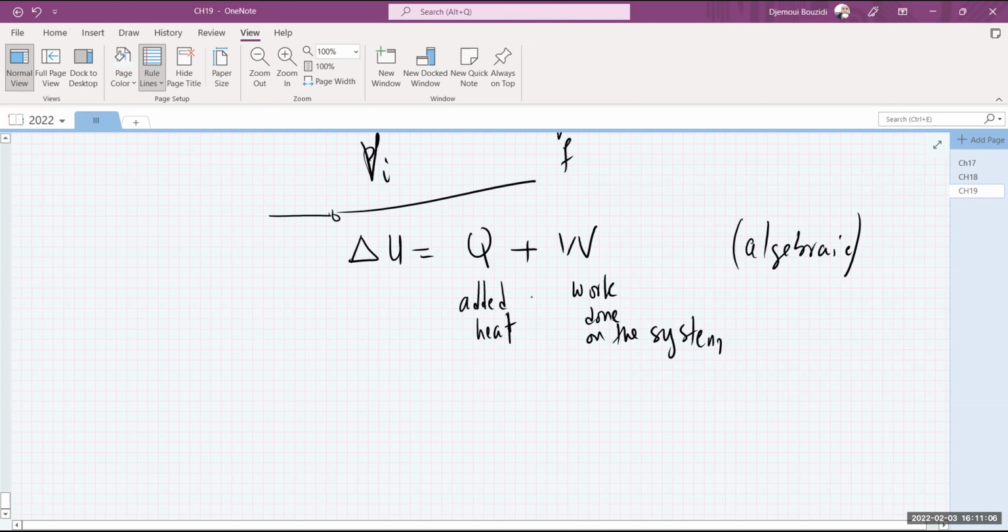So basically, that's what the word algebraic means here, that this thing, delta U, can be positive or negative at the end of the day, okay? In other words, the internal energy of the system could go either up or down or stay the same, okay?